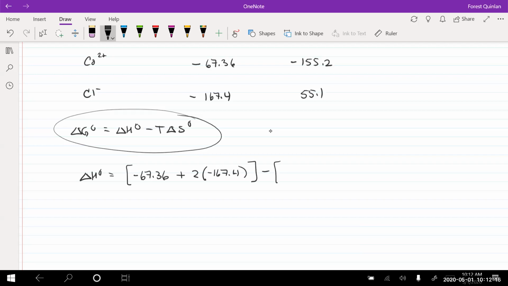And we're going to subtract out the reactants here, which is the negative 325.5. And this whole thing happens to be in kilojoules per mole. So if we do that calculation, you should end up with negative 76.66 kilojoules per mole. This implies that this dissolving is exothermic. That is favorable.